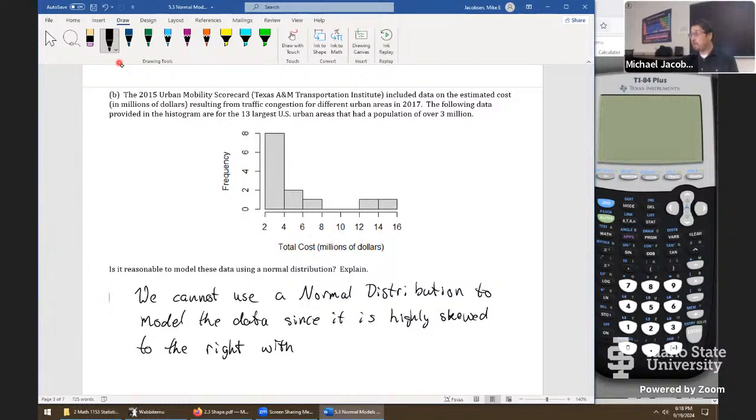Outliers can also throw it off, and we definitely are looking at some potential ones. So we'll say with potential outliers.